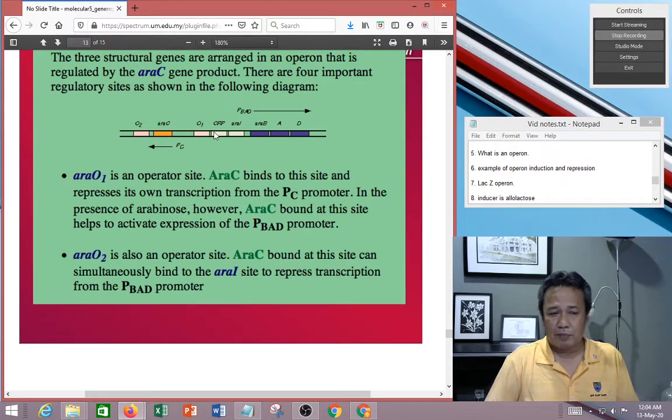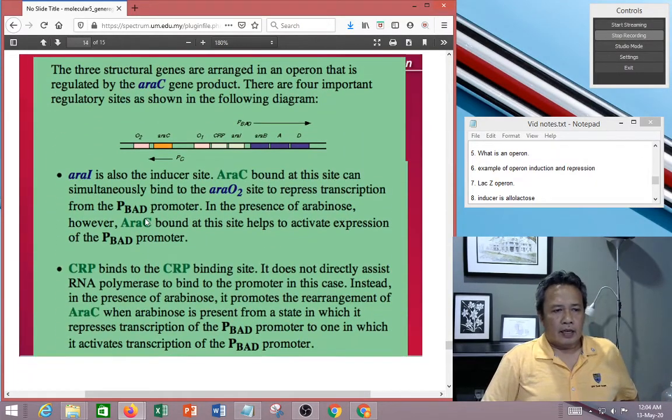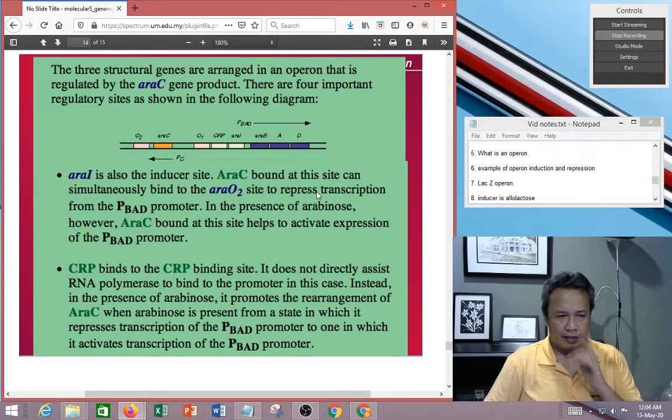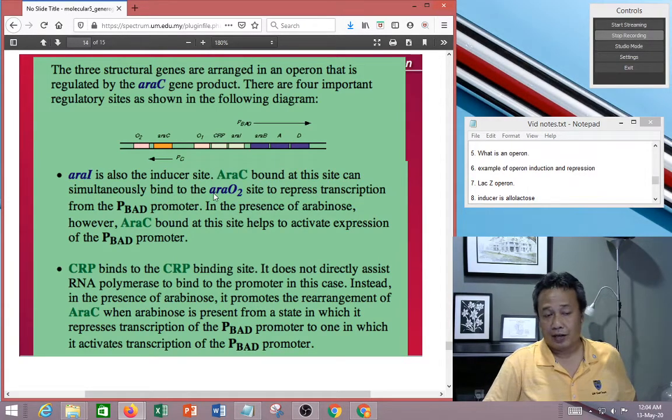But in the absence of arabinose, AraC binds araO2 as well as araI and makes a loop. So here it talks about araI as an inducer site. AraC binding the site can stimulate binding to the araO2 site to repress transcription.